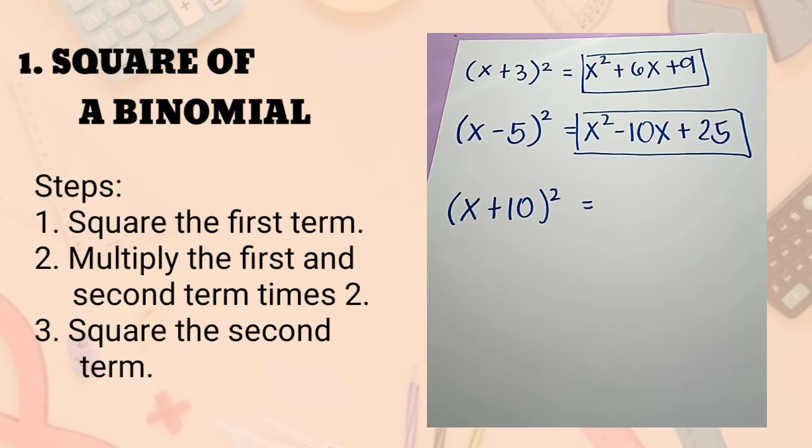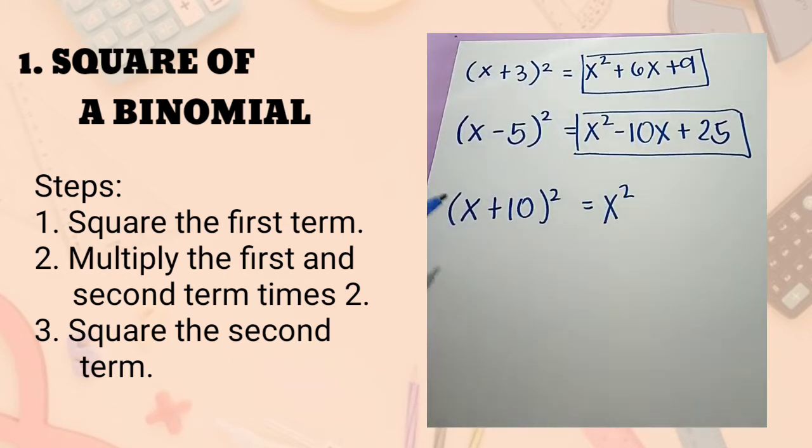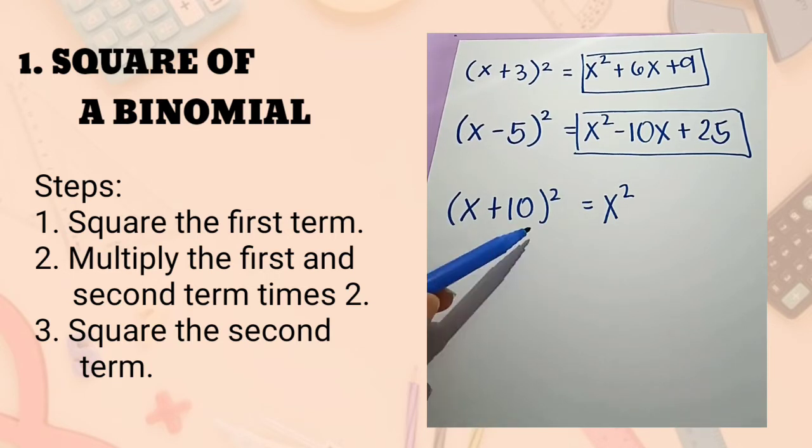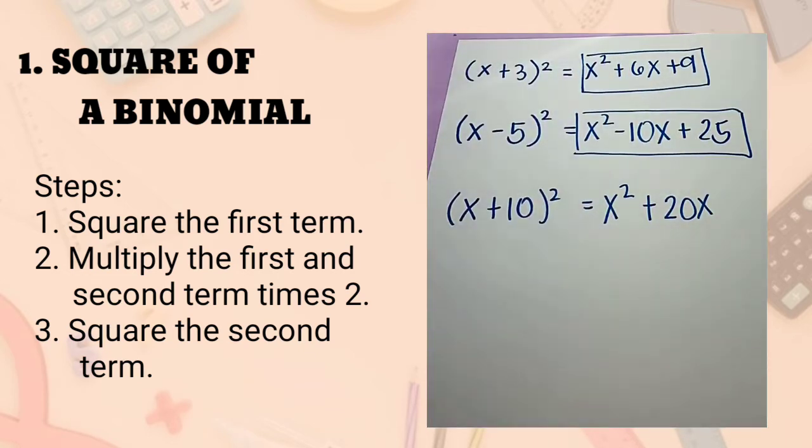Let's have another example. The quantity x plus 10 squared. Unang step, square natin yung first term. So, x squared. Pangalawang step, i-multiply natin yung first term sa second term, then times 2. So, x times 10 is equals to 10x, then times 2 ay equals to positive 20x.